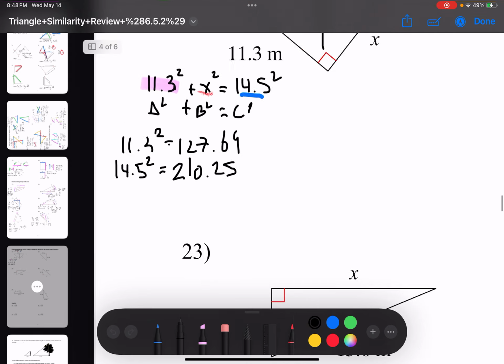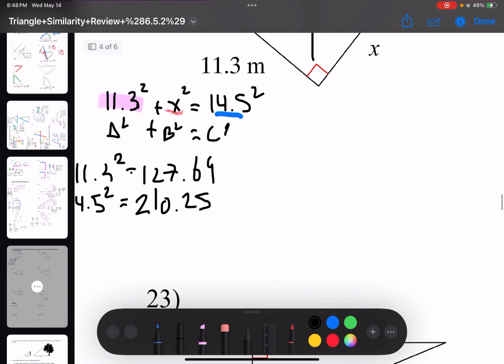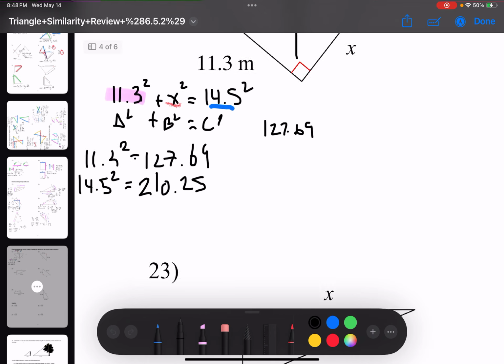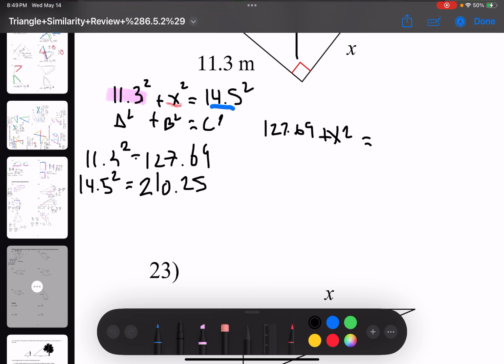Anyway, so then let's type out our equation. 127.69 plus x squared is equal to 210.25. We're going to move this one over here because now we're solving for x.